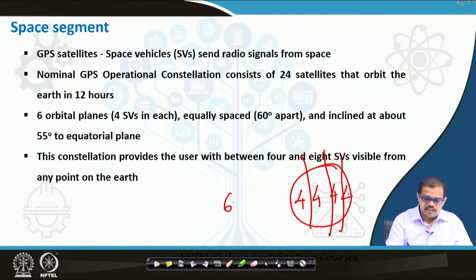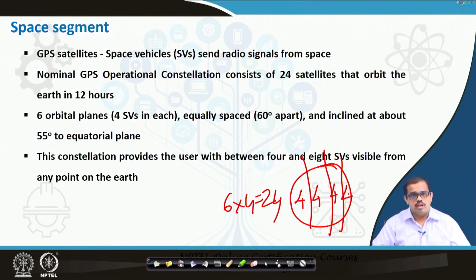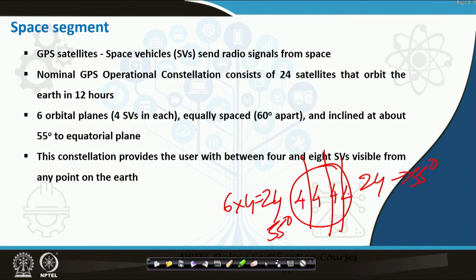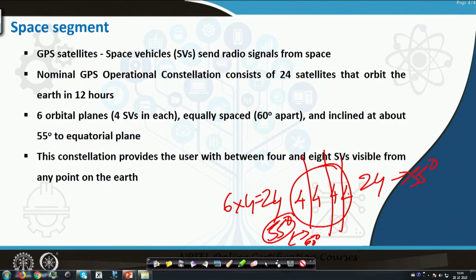So, 6 into 4 is 24 satellite vehicles all across the globe, and each of these satellites is inclined at 55 degrees, and each orbital plane is 60 degrees. Let me go back and explain it in a different way.